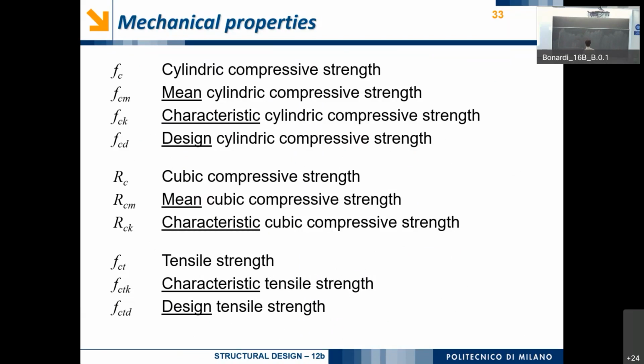Basically, I said before that every sample of concrete depends on the aggregates I put into it, on the quality of the cement, on the quality of the aggregates, of the rocks, and on the ratio between the cement and water. So, theoretically, every sample is quite different from the other.